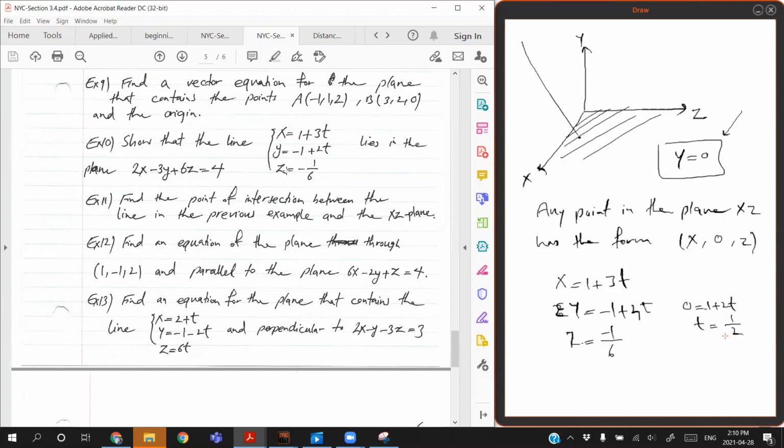Okay, now that I have t, I can plug in t into x and z to get the point of intersection. So if I plug in 1 over 2 into here, I'll get 1 plus 3 over 2, that's 5 over 2. So x is 5 over 2. Y is, of course, 0. And z is a constant negative 1 over 6. So the point of intersection is going to be the point 5 over 2, 0, and negative 1 over 6.